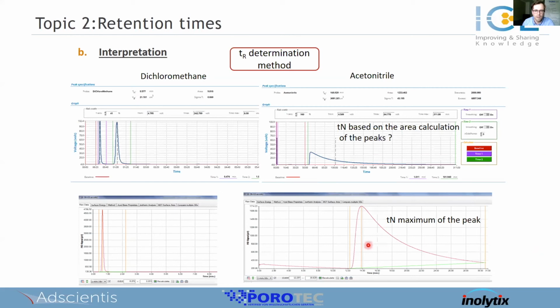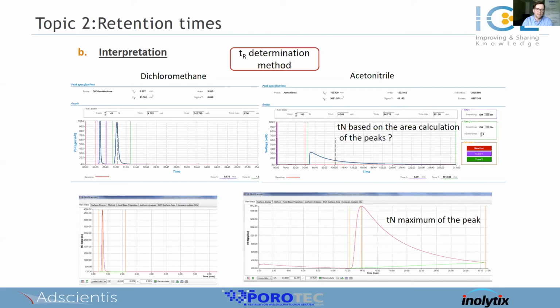Below, we have shown the peak maximum method, where the retention time is here. In the upper case, we use the calculation of the center of mass, and we have the retention time here.